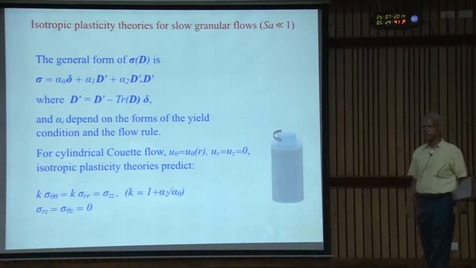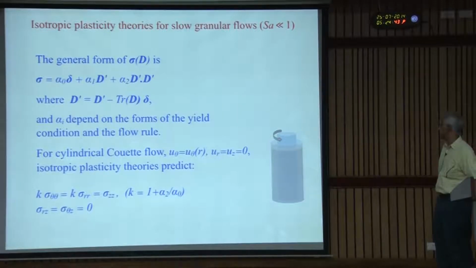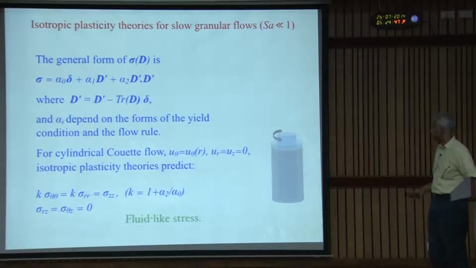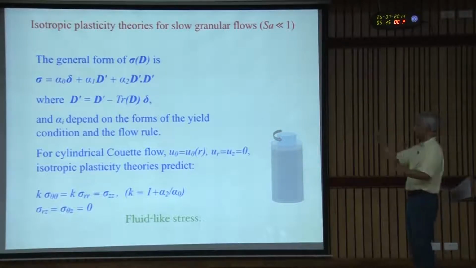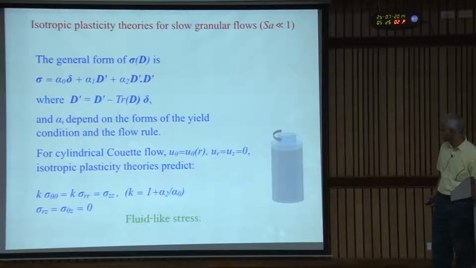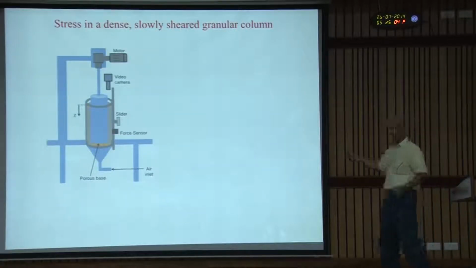Are these predictions borne out by experiments? And so you get a fluid-like stress, except for this normal stress difference, but that's a small matter. We won't worry about that right now, but otherwise fluid-like. So the only shear stress is the azimuthal shear stress. So that's what we set out to do.